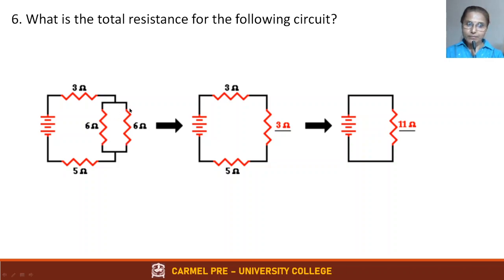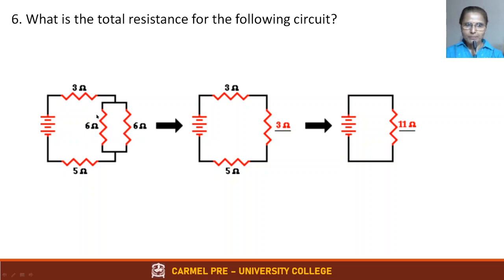When there is division of current, you say they are in parallel. It divides here, and they join here and come here. The same current that flowed here comes here also. So you say that this and this are in series, but these two are in parallel.